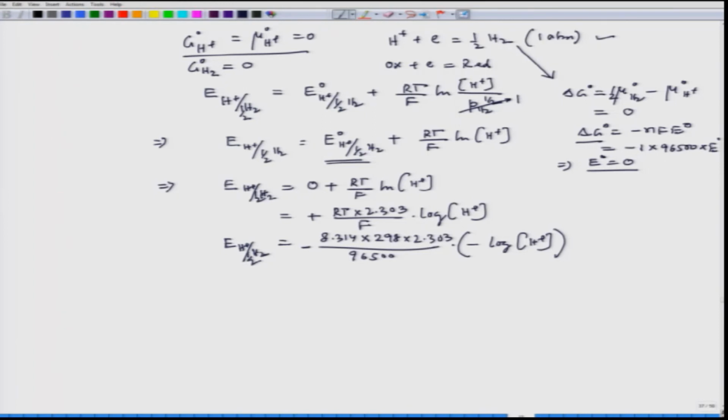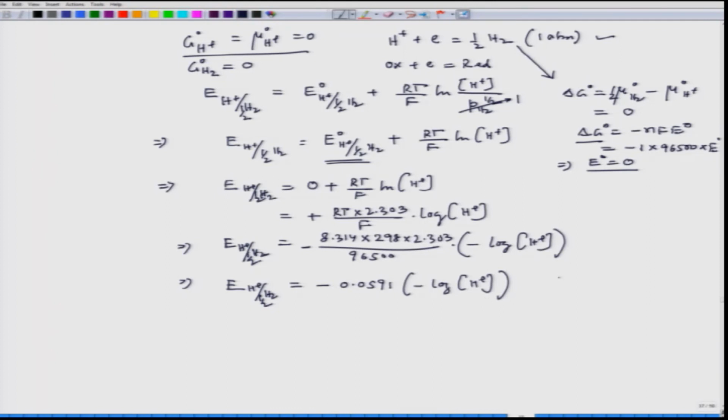If I calculate this, 8.314 into 298 into 2.303 divided by 96500 equals 0.0591.